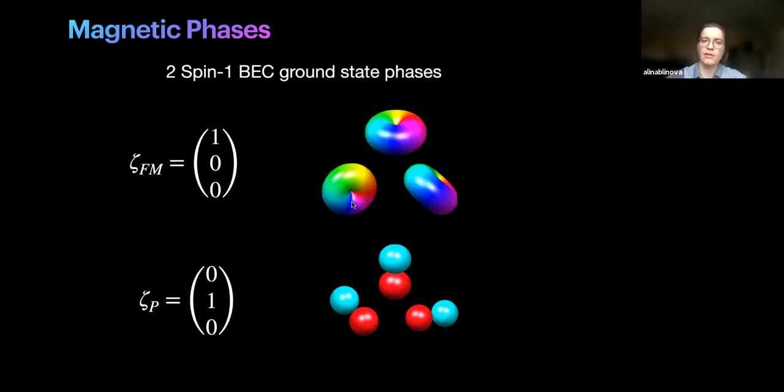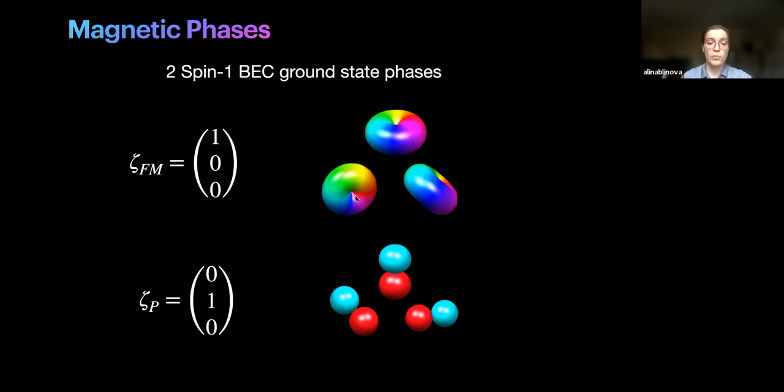As you can see, in the ferromagnetic phase, we have an orientation of this donut, like if you imagine an axis going through the donut, and we have the superfluid scalar phase, which is represented in color. So you have your orientation of the donut and then a rotation of your donut. Those are the degrees of freedom of this order parameter.